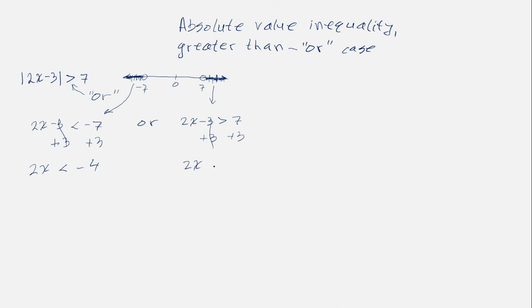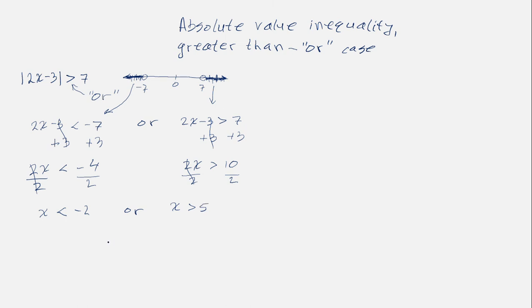So we have 2x is greater than 10. All we need to do now is divide everything by 2. So divide by 2. The 2's go away. Then we get that x is either less than negative 2 or greater than 5.